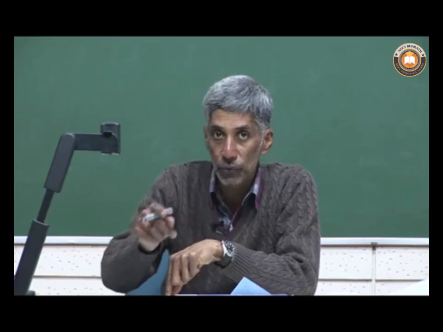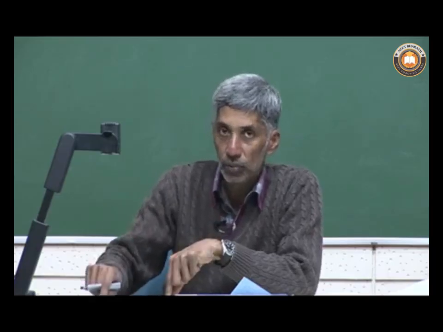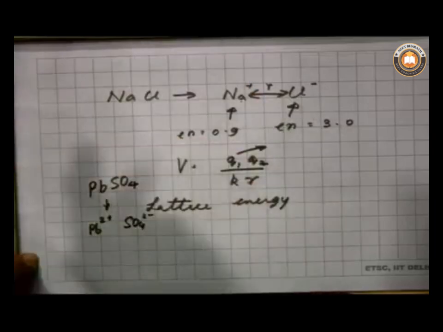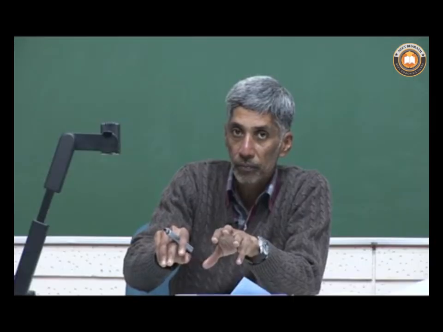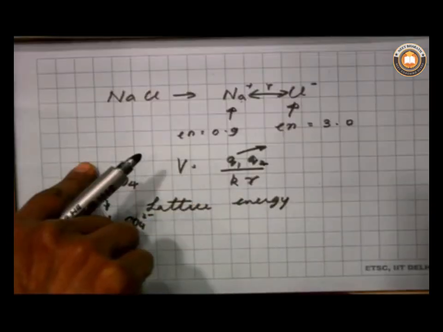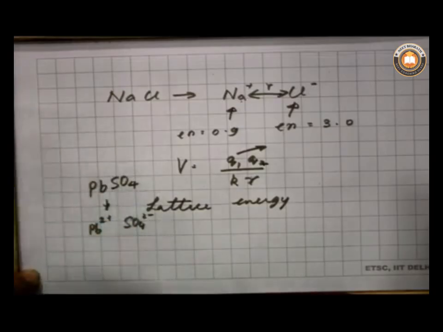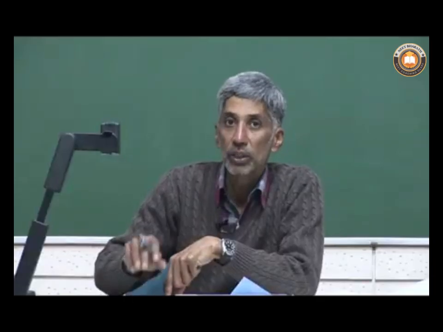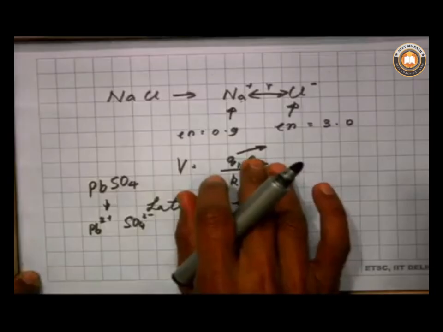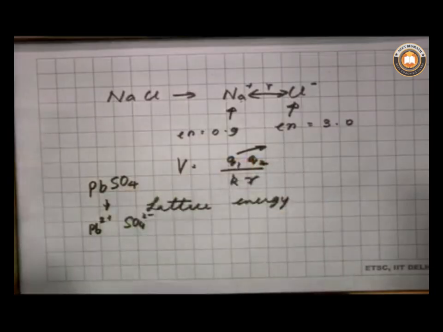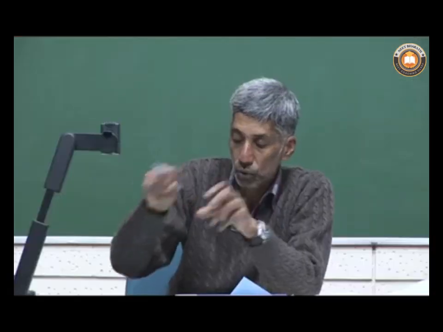The reason for this difference is that sodium chloride gains more energy when it goes into water, which compensates for this lattice energy, whereas for lead sulphate there is not enough compensation when it goes into water. So, it stays as solid. So, the lattice energy is critically dependent upon the electrostatic interaction between these two ionic species.